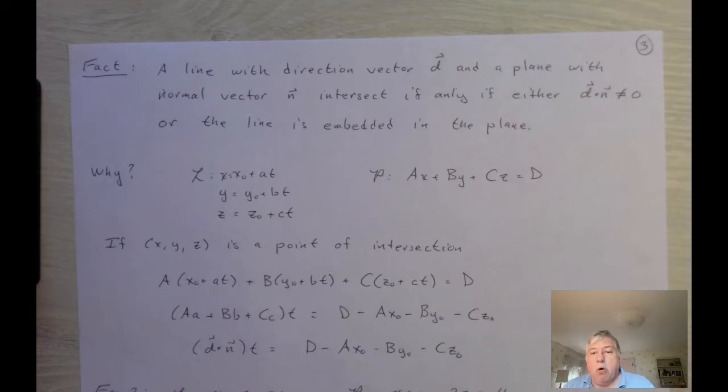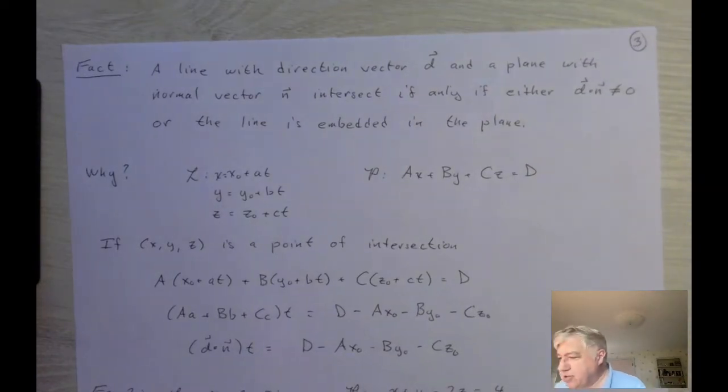If it doesn't, I think it should be clear that the line has to be somehow parallel to the plane, and that would mean that it would have to be orthogonal to the normal vector. Intuitively that kind of makes sense, but let's just prove this mathematically.